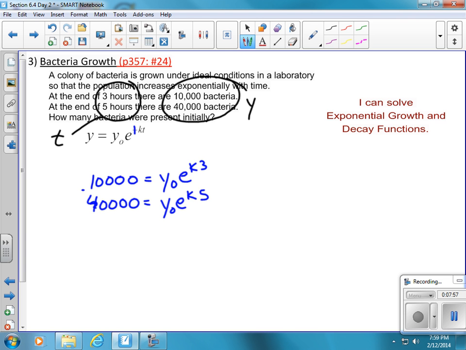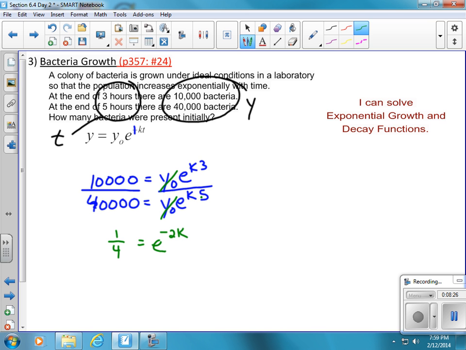Now, what we're going to do with these two equations is divide them. I don't know if you remember doing this in Algebra 2, but I do. So 1/4 equals, these y sub 0's cancel out. We're going to end up calculating k. Remember, e to the k times 3 minus k times 5 is e to the negative 2k. 3k's minus 5k's give us negative 2k's.